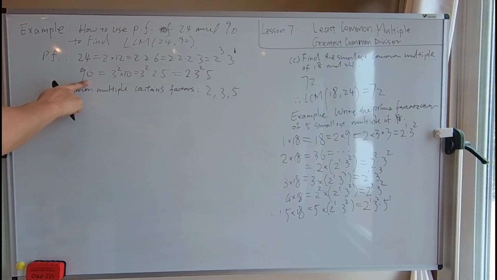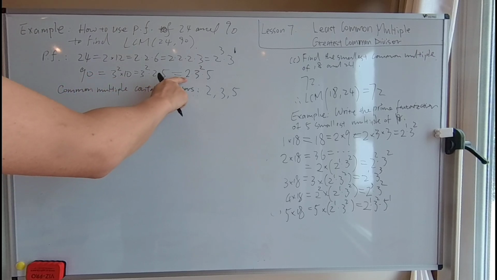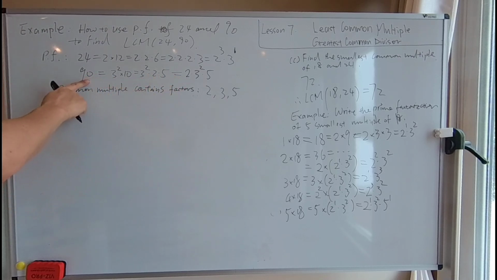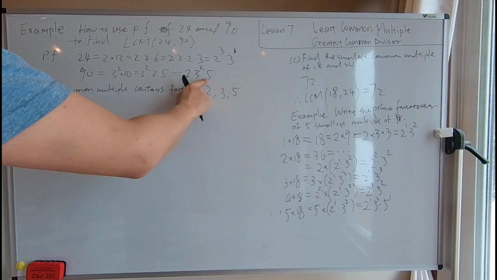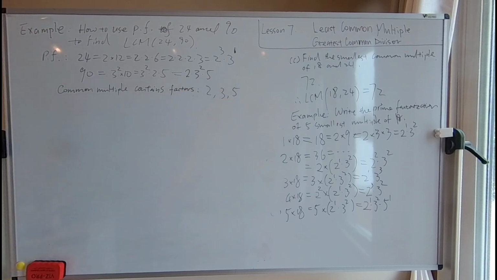And if you are a multiple of 90, as I just wrote down, that number would at least contain all the factors of 90. So the factor 5 would also be contained in the common multiple.